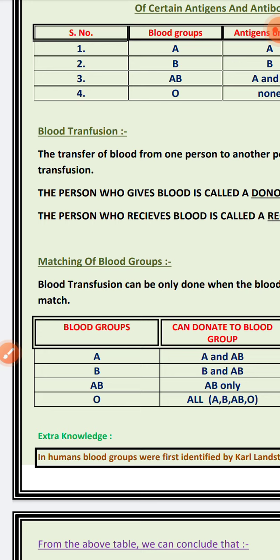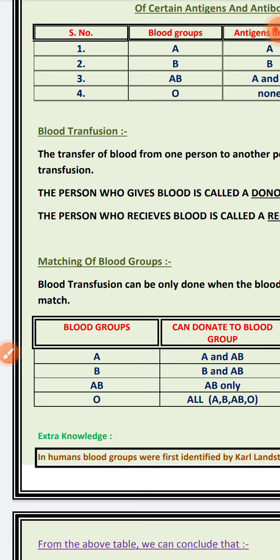That does not mean that a person with blood group A can only donate to blood group A. But there are certain things that you have to follow while you are donating blood and giving it to someone else.